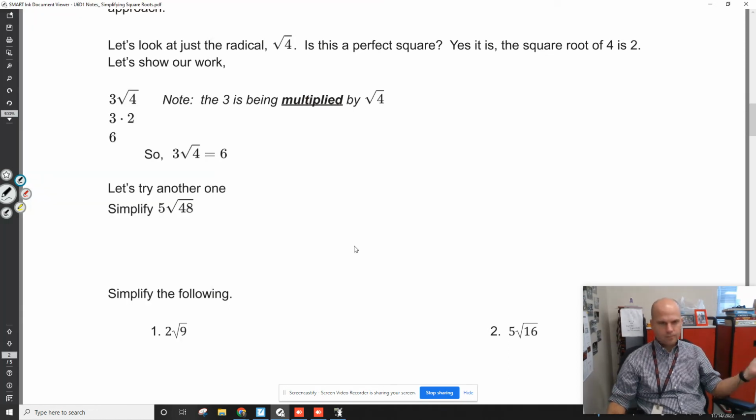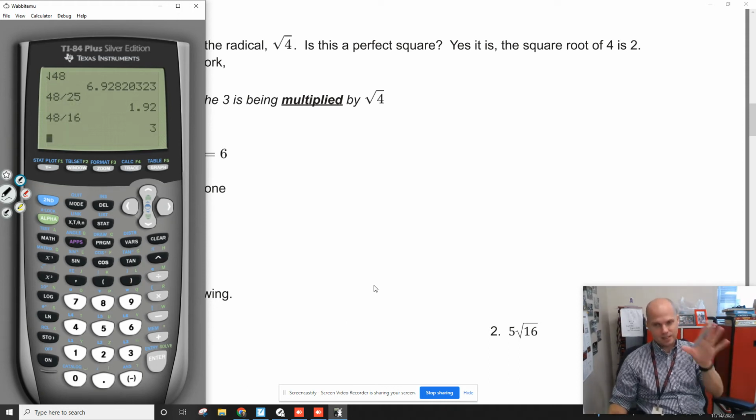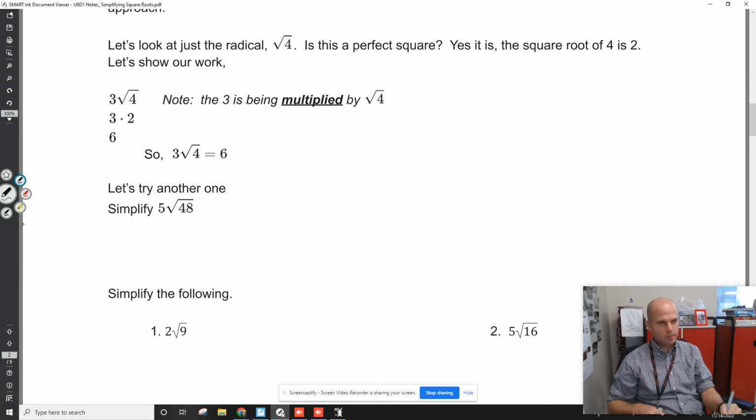So this is when we have to start dividing and try to simplify root 48. And I get 16 goes into 48 3 times. So watch what I'm going to do. I have 5, and I'm going to rewrite root 48 as root 16 times root 3.